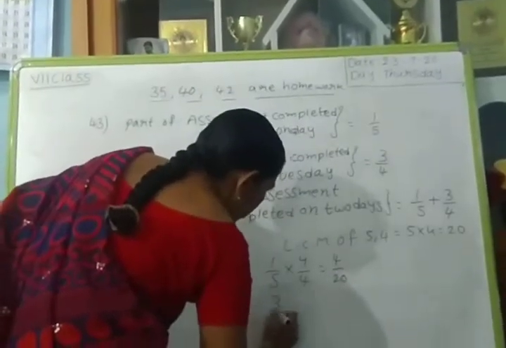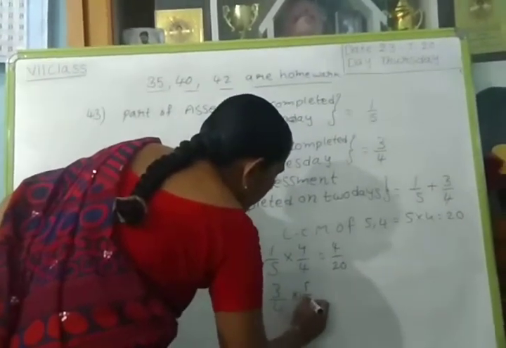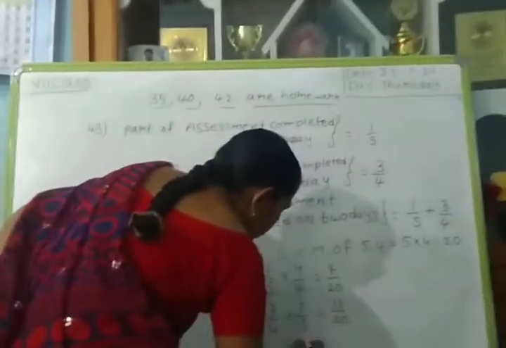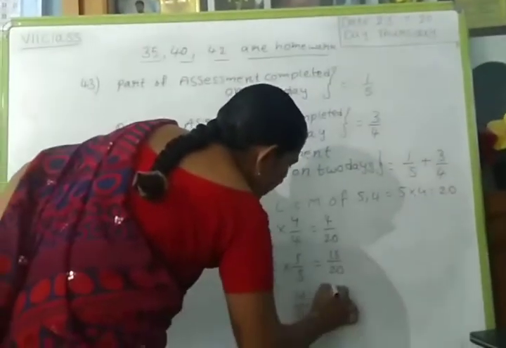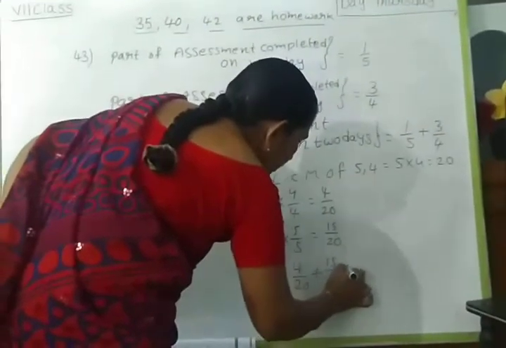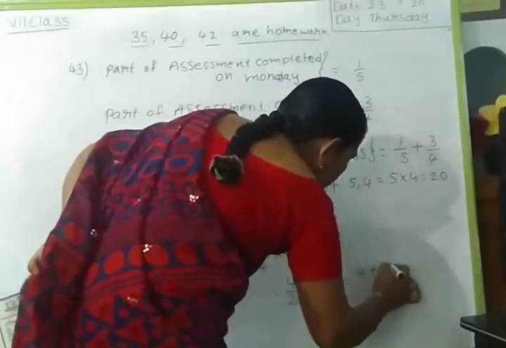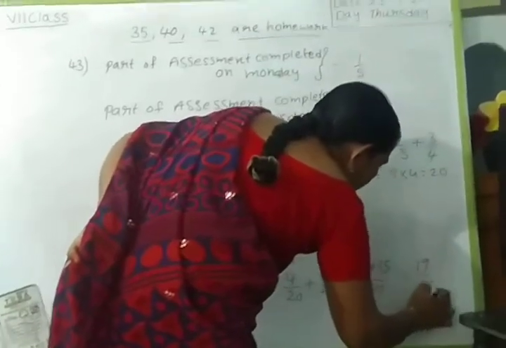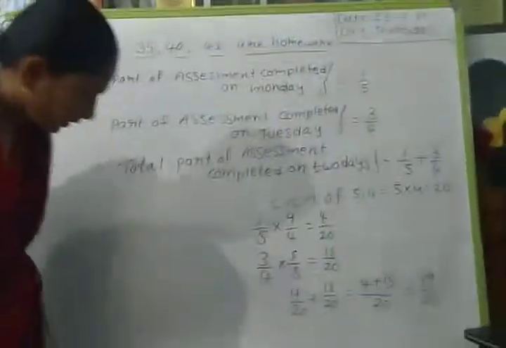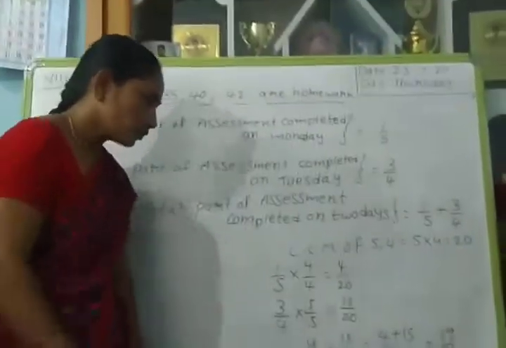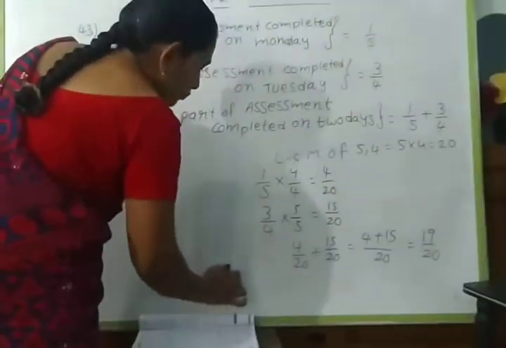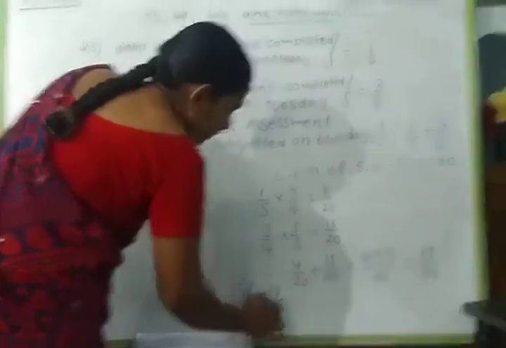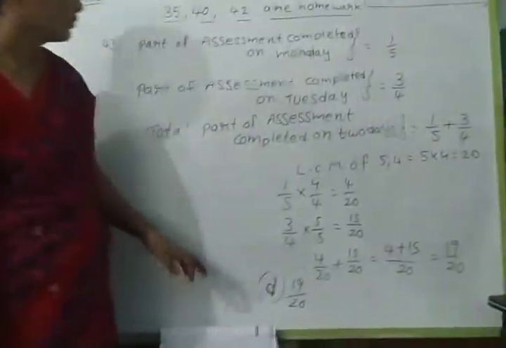Next 3/4 with 5: 3 5s are 15/20. Therefore 4/20 plus 15/20, 4 plus 15, 19/20. Which option is correct here? Option D, 19/20.